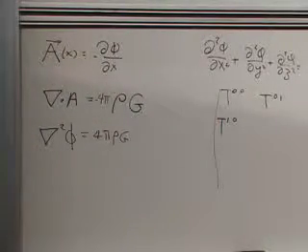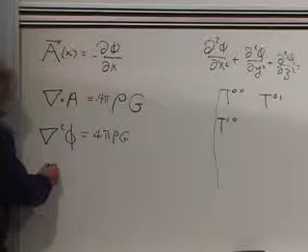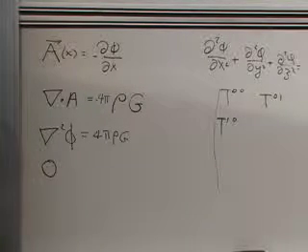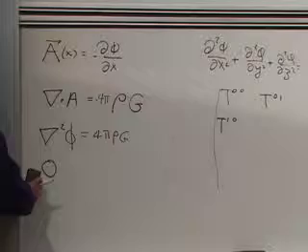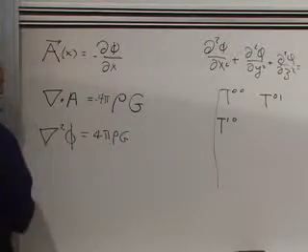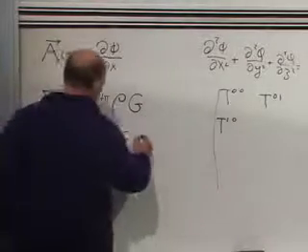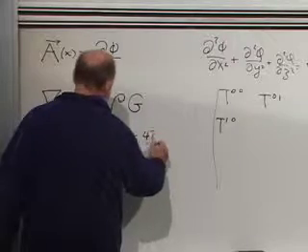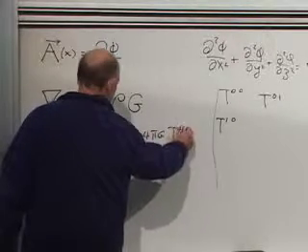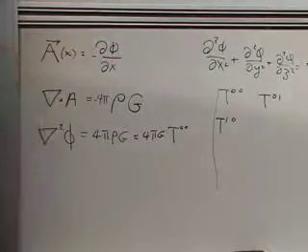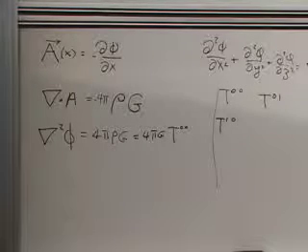So we have an equation which has the form del squared phi is 4 pi g times T naught naught, roughly speaking. But what is on the left-hand side?